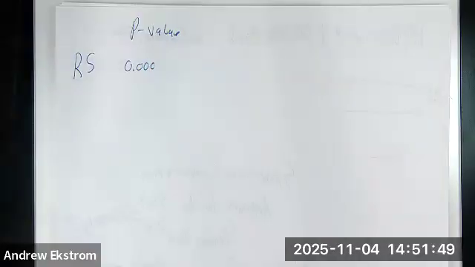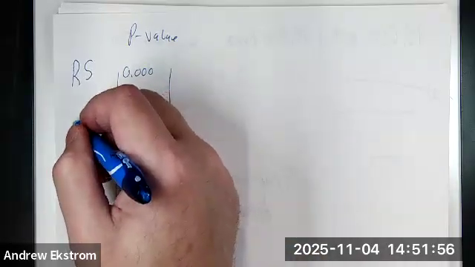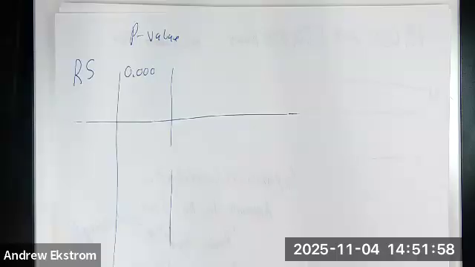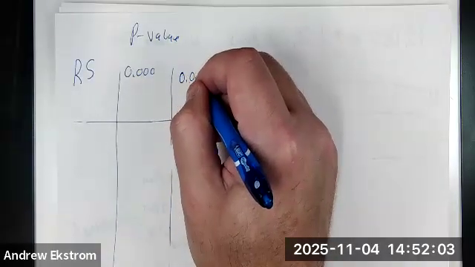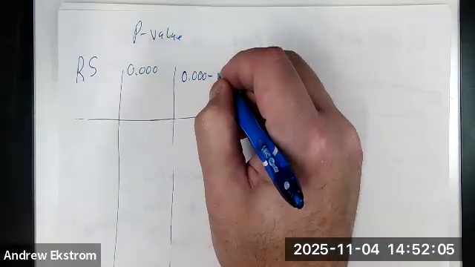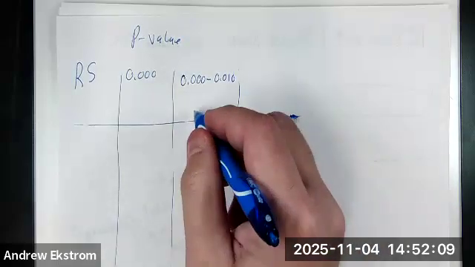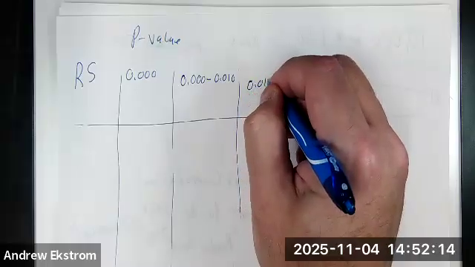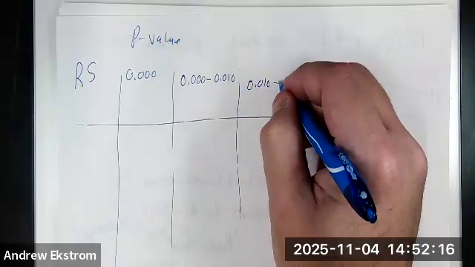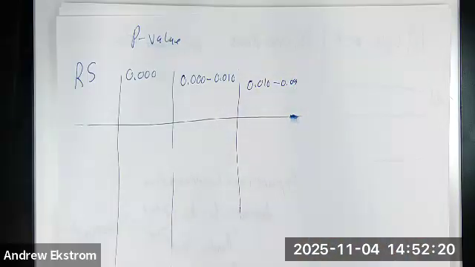If Minitab says it's 0.0000, you're going to write all the terms that are in there. If it's between, say, 0.000 and 0.01, what are all the terms you found in there, and then say 0.01 to 0.05, what terms did you find in there?